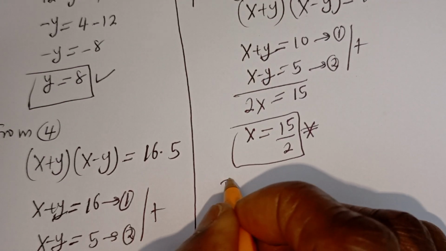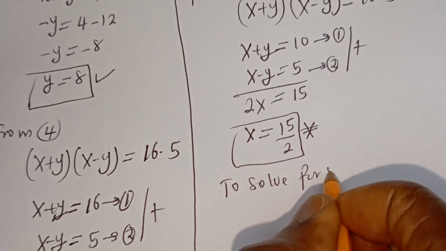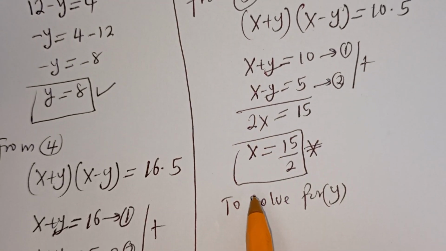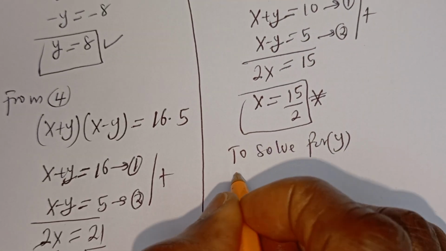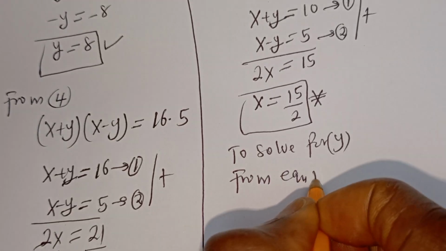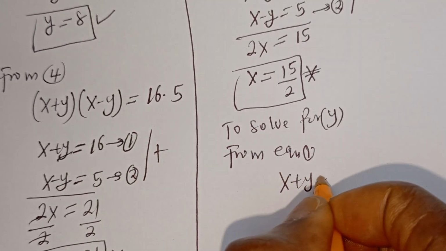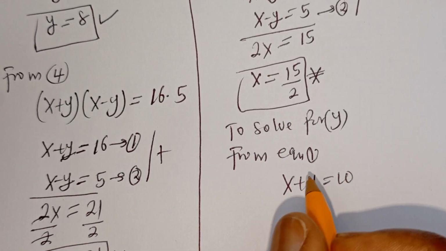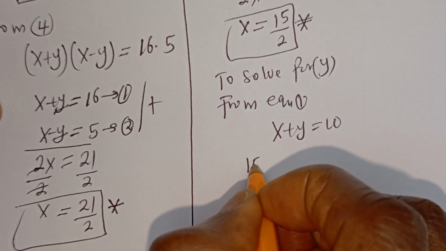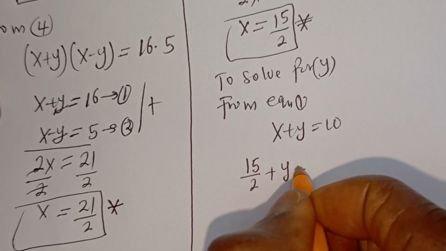Also, to solve for y, let me make use of equation 1 for you to see. Then from equation 1, we have s plus y is equal to 10. Then when s is 15 over 2, we have 15 over 2 plus y is equal to 10.